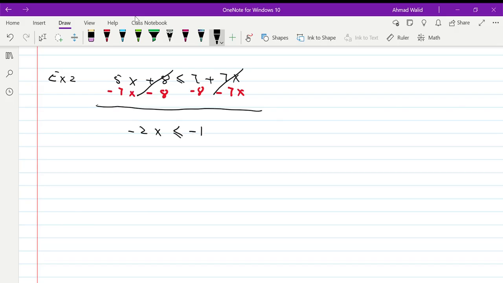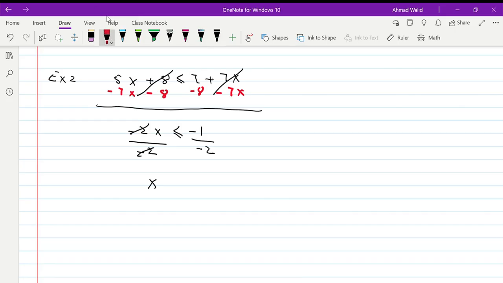You are in pre-calculus class. Now divide both sides by negative 2. If you are a good student, if you are a good listener, I already explained one of the rules. When you divide both sides of an inequality by a negative number, you have to flip the sign.